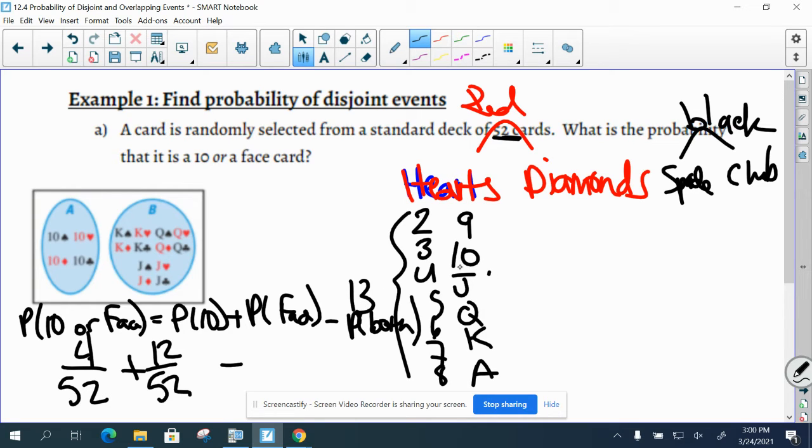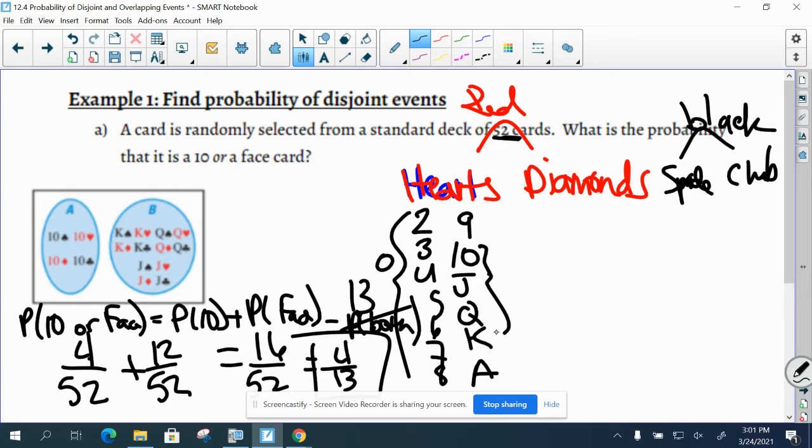Well, you can't have a 10 and a face card at the same time, so actually this would just be 0. So really we're just adding the probability of 10 plus the probability of face, which equals 16 over 52, which simplifies to 4 over 13. So really, you also just could have looked at, okay, we have 4 here out of 13. And then if you multiply by 4, you just simplify it anyways.